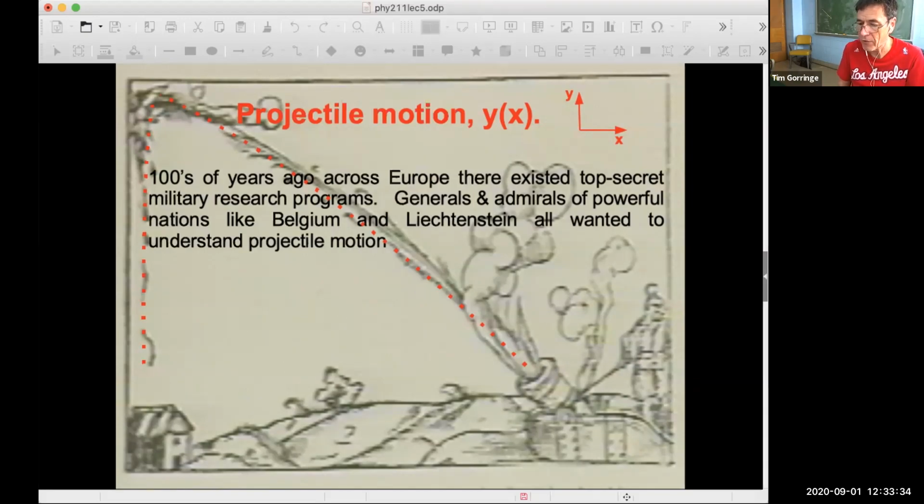So if you wanted to fire a cannonball, for example, from your favorite castle or from your favorite ship, you wanted to predict where the cannonball would go. You want to hit the target. And so that's a problem of understanding the motion of projectiles. That's a problem of projectile motion. And so there was a lot of interest in projectile motion.